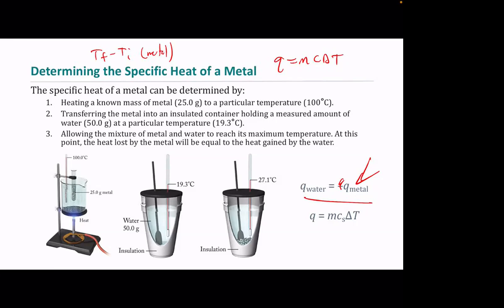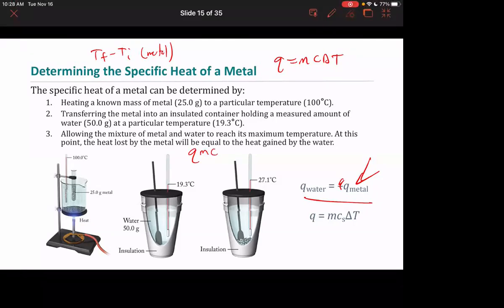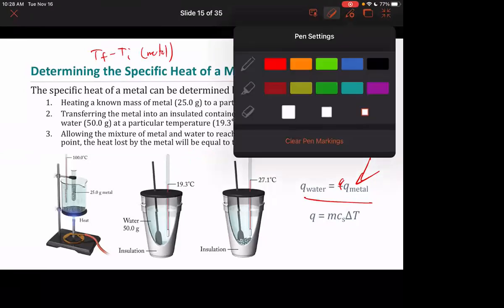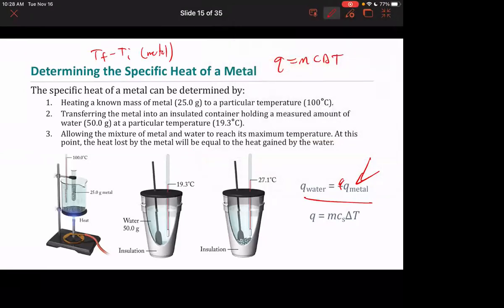So effectively, you would do it like this, if you want to do it like this: MC delta T equals negative MC delta T. And this one is for the water, and this one is for the metal.